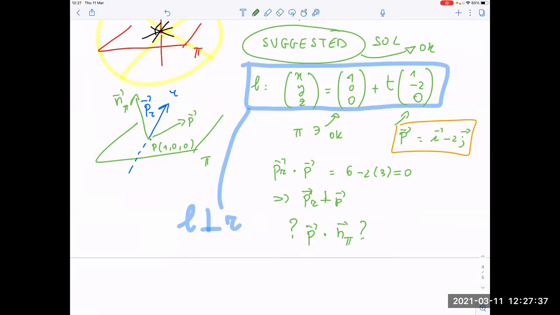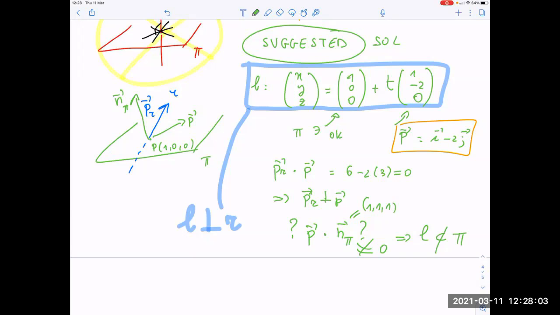So what I need to compute now is with the normal vector of the plane, which is 1, 1, 1. And what you get here is a number which is different from 0. So this means that L is not inside pi, right?